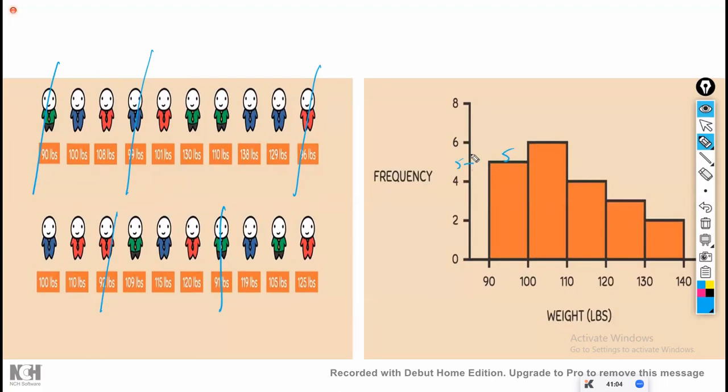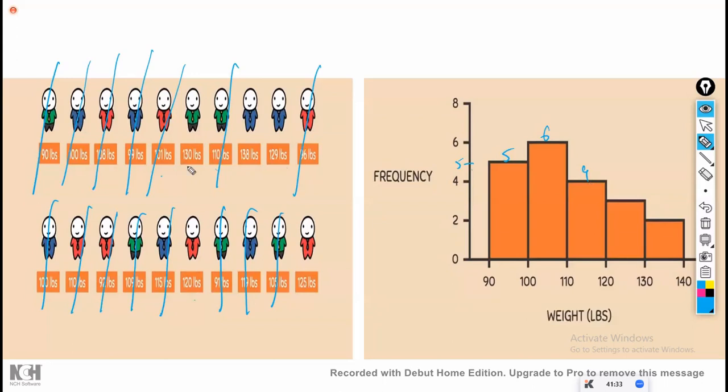Next, 100 to 110: 1, 2, 3, 4, 5, 6, up to a height of 6. Next, 110 to 120: 1, 2, 3, 4, up to a height of 4.